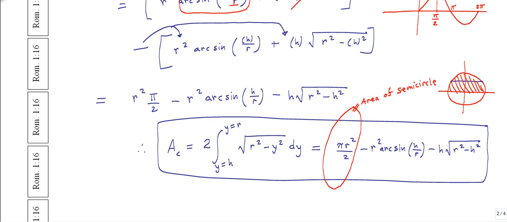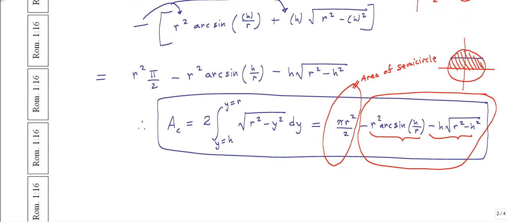So I'm taking away from the semicircle this term as well as this term. So you can see, I hope you can see that, in fact, these two terms over here, back here, these two terms are the area.